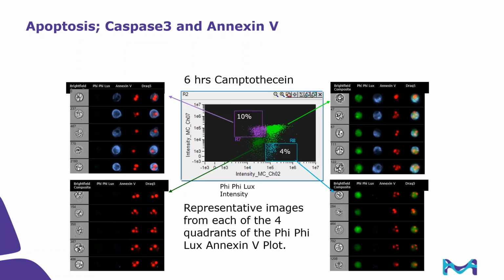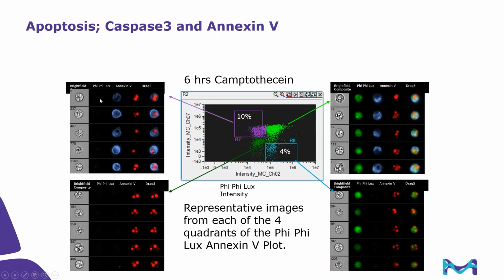And then what we can do is look at these two measurements, annexin 5 and caspase 3, simultaneously, to characterize which of these markers is identifying which cell type. And if you look in the lower right, these are cells that are positive for caspase 3 (FLICA), but negative for annexin 5. In the upper left, these cells are positive for annexin 5 and negative for active caspase.